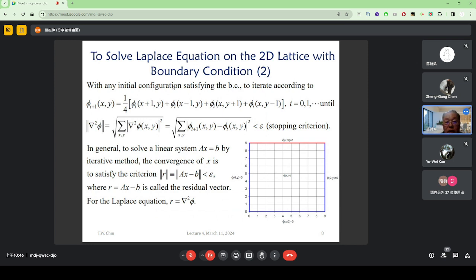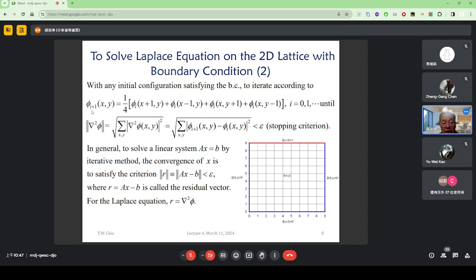That's the point. So I do the iteration according to this recursion relation. Initially, i equals 0 is given: we know what phi is at every point, and then I update it according to this algorithm, this recursion relation.